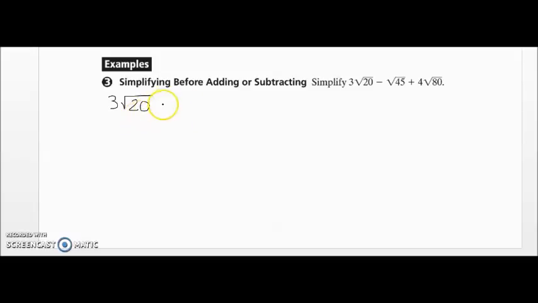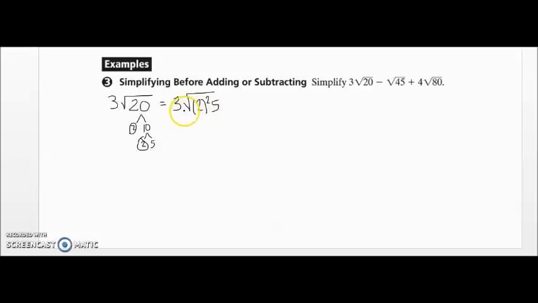Well, 20 we could split into 2 times 10. And then 10 gets split into 2 times 5. So we have a pair of 2's. So we can rewrite that 20 as 2 squared times 5.